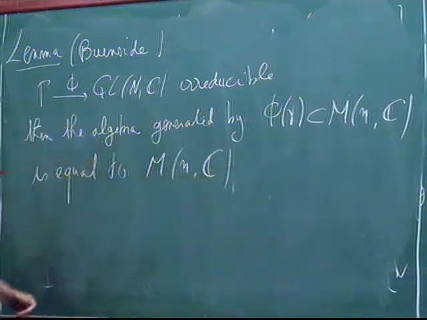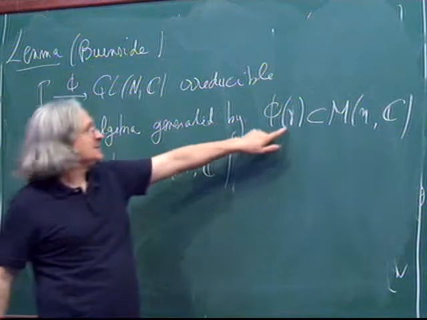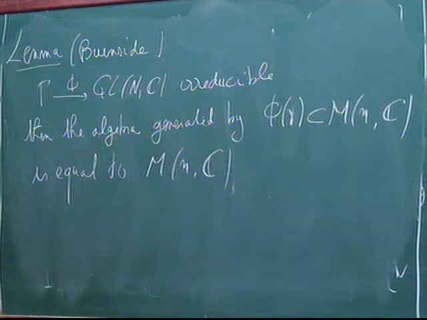So it says that any n by n matrix can be obtained as a linear combination of the matrices in the image of the group. That's not so hard, but that's interesting already. Each time a group is acting irreducibly, it is so big that the set of matrices that you get generates the full algebra of all matrices.